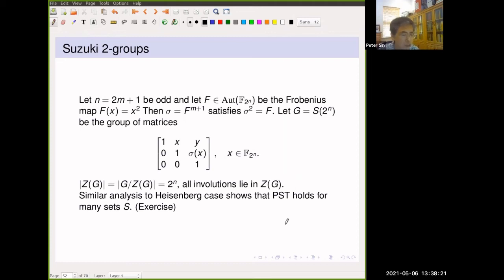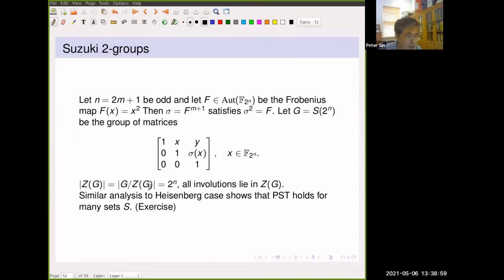Then you define G to be the group of 3 by 3 matrices with 1, x, y, and sigma of x in the other entry. This is a group of order q squared, where q is 2 to the n, so you have q choices here and q choices there. The center is of order q; it consists of the matrices where x is 0.